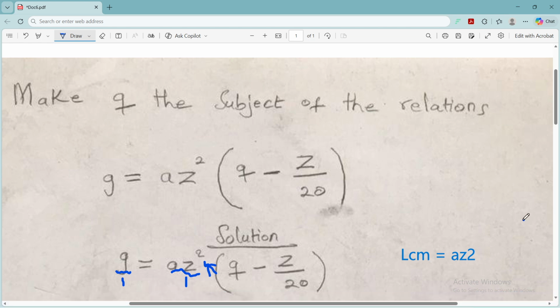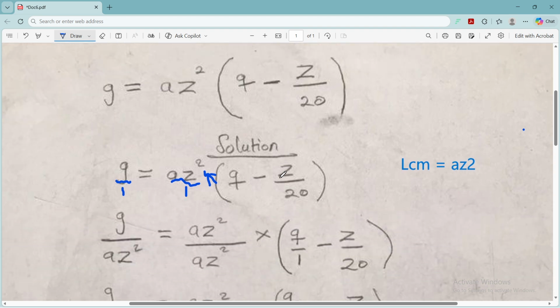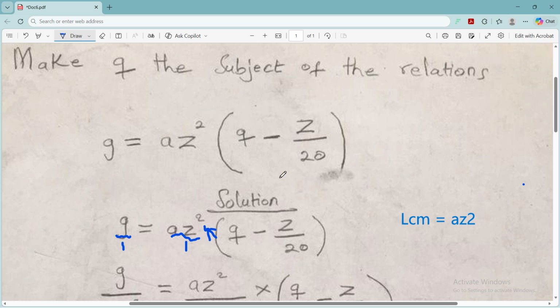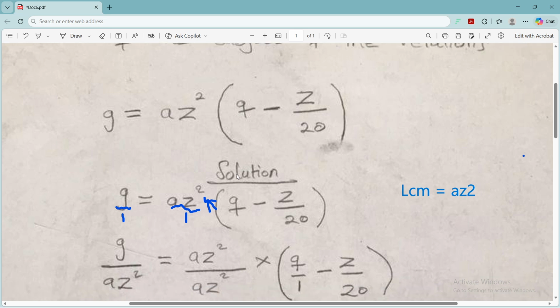Let's move on. Now, as explained earlier, we've made az square our LCM.